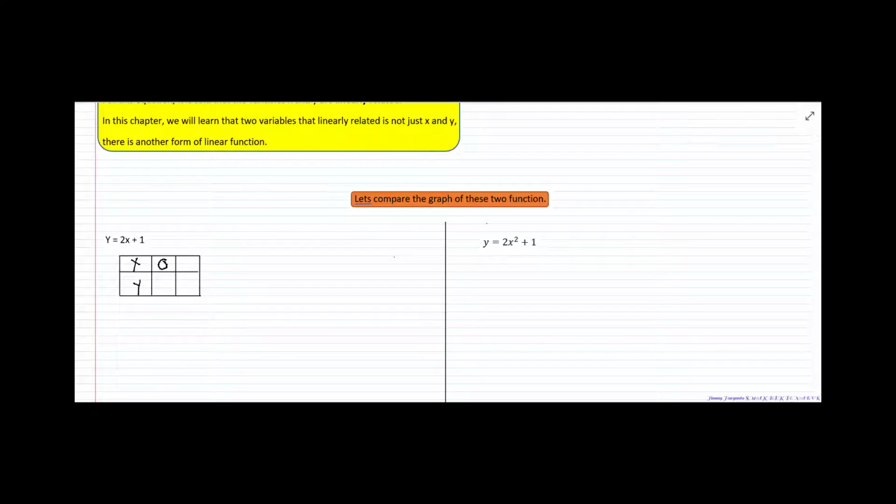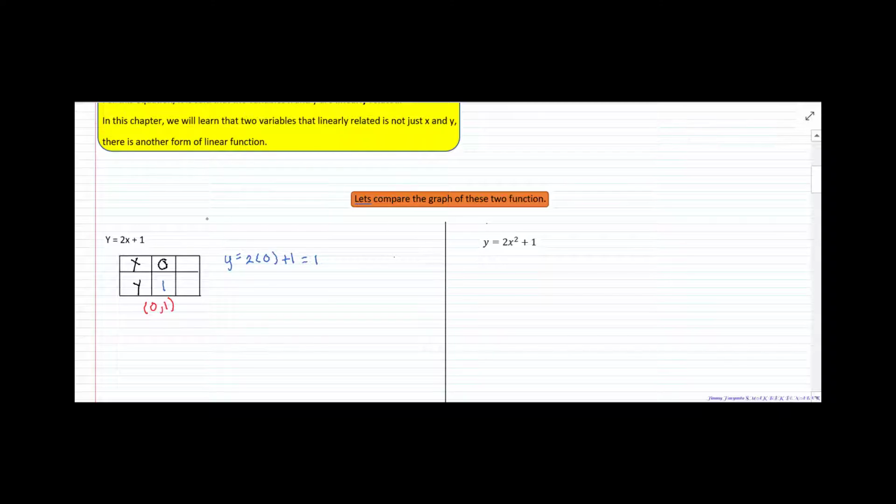How do we find the value of y? You can plug the 0 into x. y equals 2x, change the x into 0, and then plus 1. And then you will have y equals 1. So I write 1 right here, and then I get the first point 0, 1.